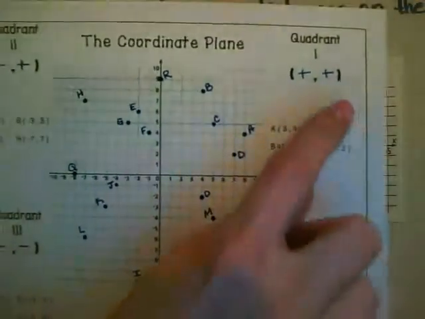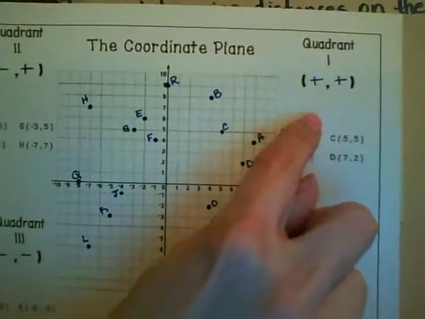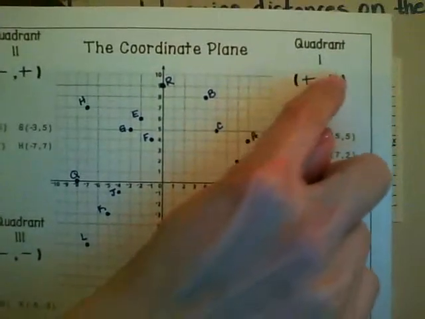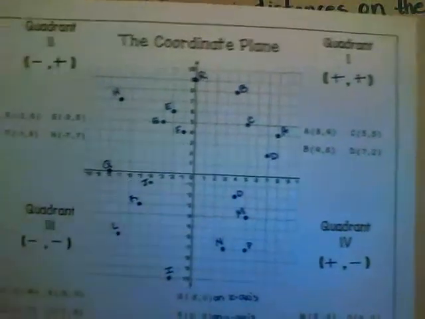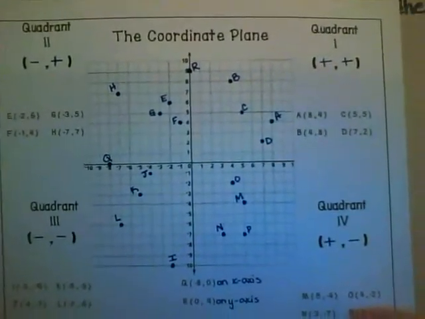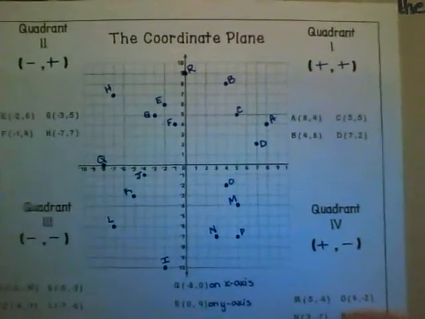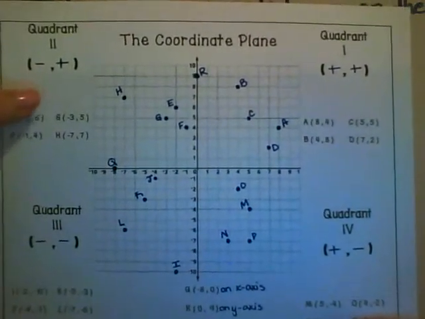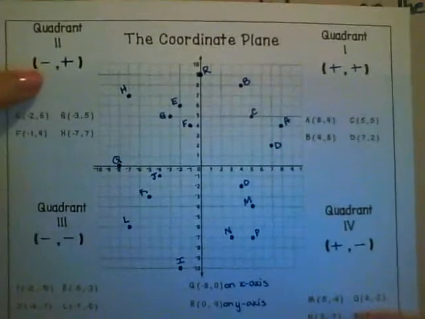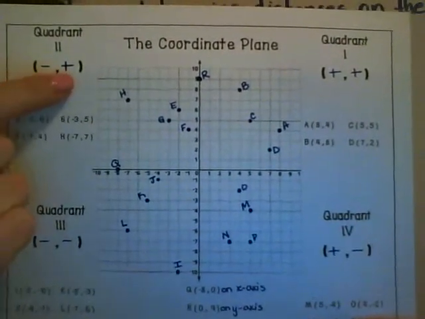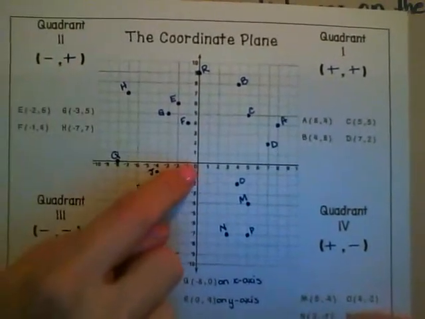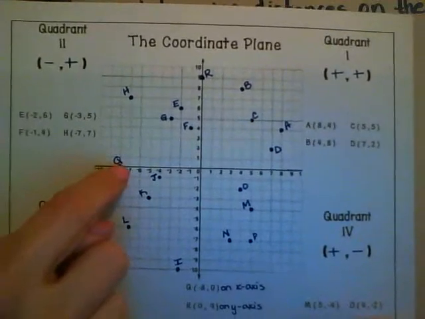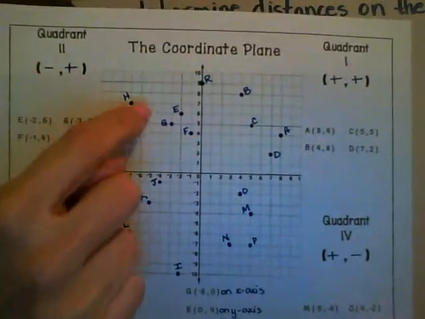For a point to land in quadrant 1, both numbers have to be positive, positive. For a point to land in quadrant 2, your numbers have to be negative and then positive, because you have to move to the left first and then up.